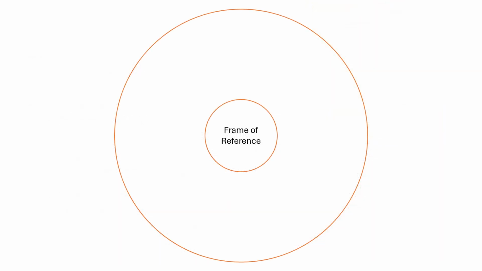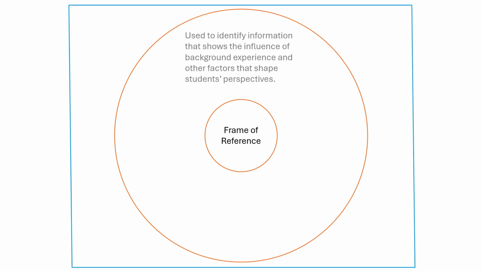Okay, this is but one other piece we wanted to consider, and it's called the frame of reference. So we're going to use a circle map just to help guide you in the frame of reference. So a frame of reference is used to identify information that shows the influence of background experience and other factors that shape students' perspectives.